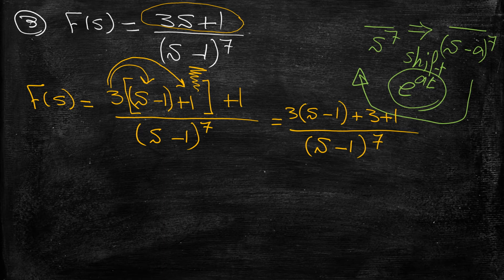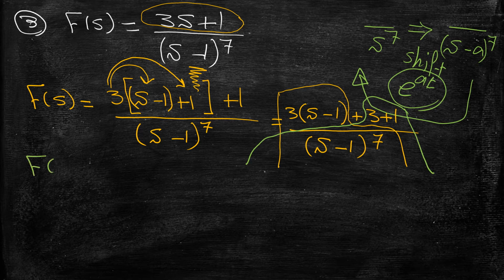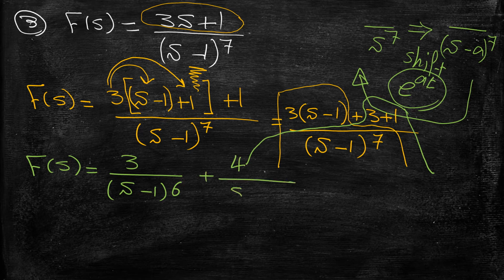So again, we end up with this partitioning: 3 over this one and all these constants over this one. So F(s) will be equal to 3 over (s minus 1) to the power 6, because one of these brackets cancels out one of the 7 brackets, and then 4 over (s minus 1) to the power 7.